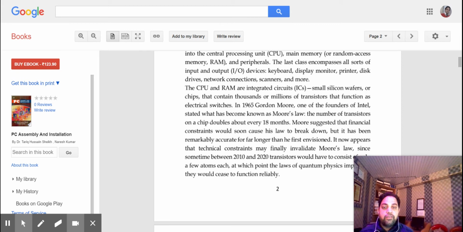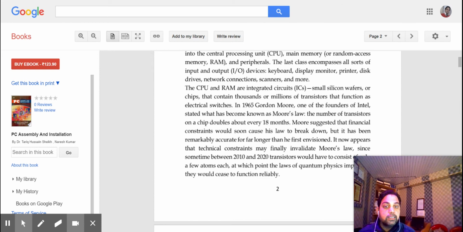In 1965, Gordon Moore, one of the founders of Intel, stated what has become known as Moore's law: the number of transistors on a chip doubles about every 18 months. Moore suggested that financial constraints would soon cause his law to break down, but it has been remarkably accurate for far longer than he first envisioned.